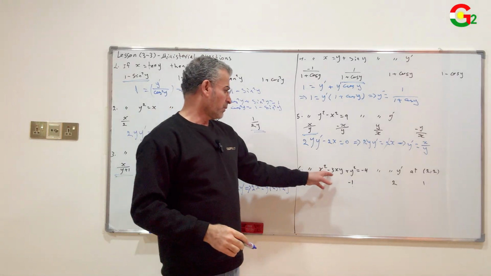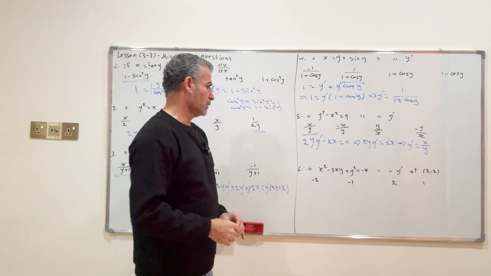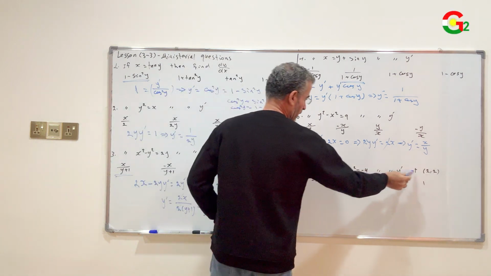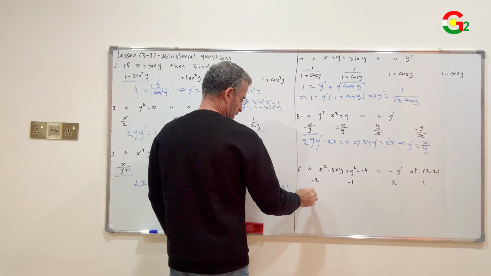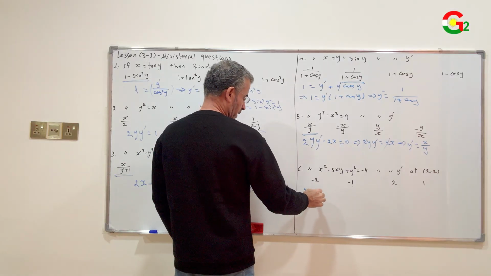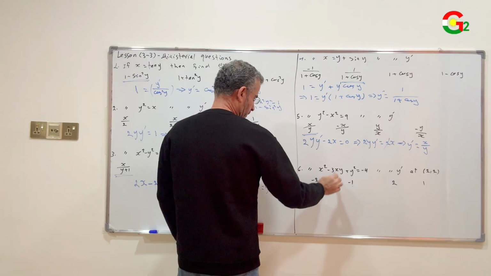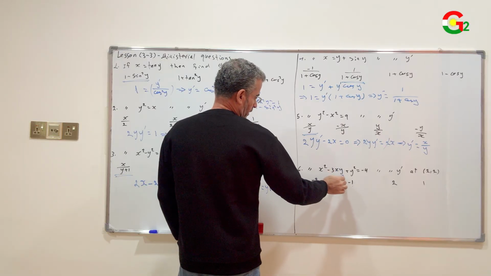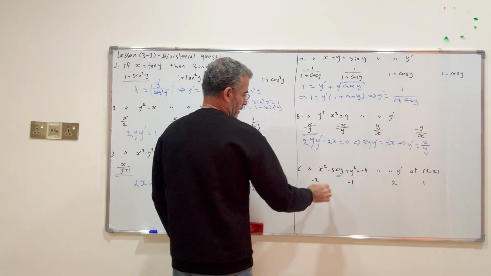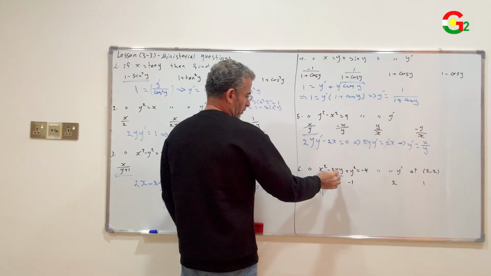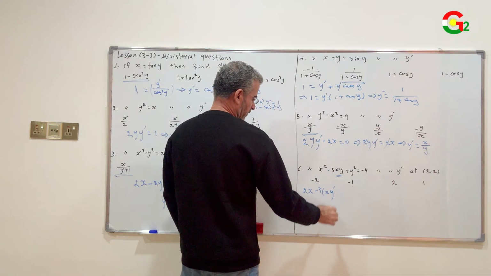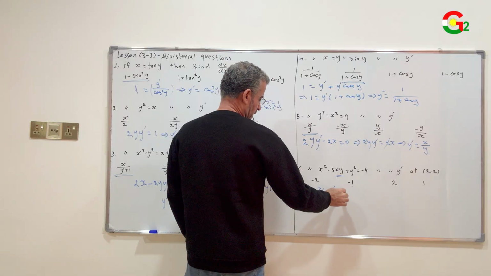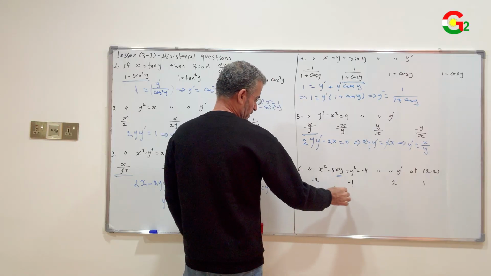Question number 6. If x power 2 minus 3xy plus y square equals negative 4, then find y prime at the point (2, 2). First, we find y prime. Differentiate both sides with respect to x. 2x minus 3, deal with this term as a multiplication of two functions x and y: the first one times the derivative of the second one plus the second one times the derivative of the first one, 1.